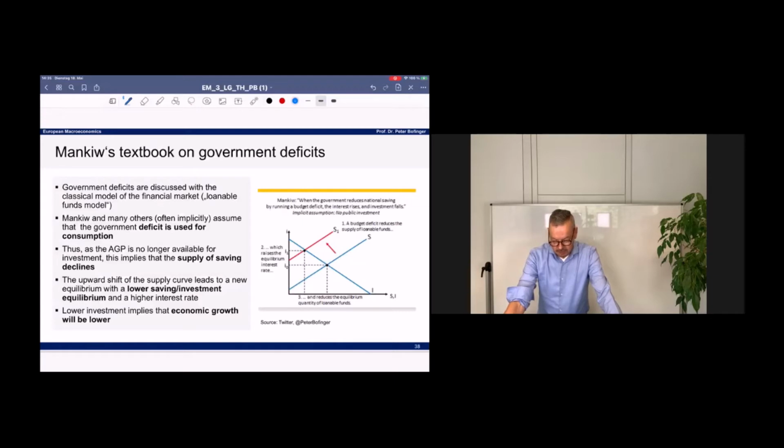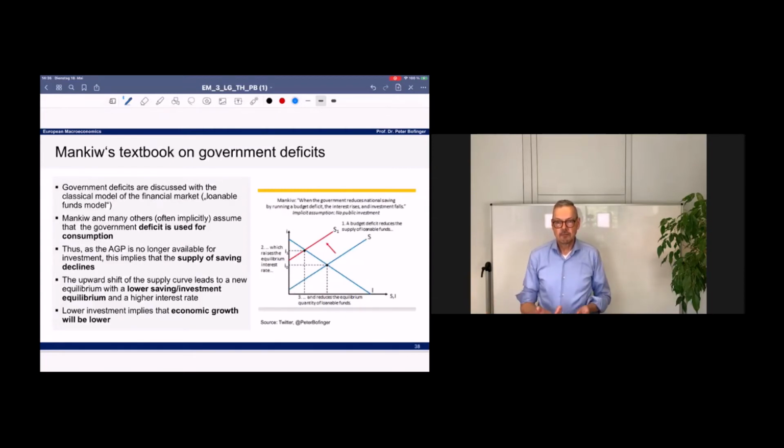What is also very important in this textbook presentation is that it is more or less implicitly assumed that the government uses the deficit just for consumption, not for investment. This is a feature you can find also in the more complex models of government debt: in all of these models, it is assumed that when the government goes to the financial market and borrows funds, it uses the funds for consumption.